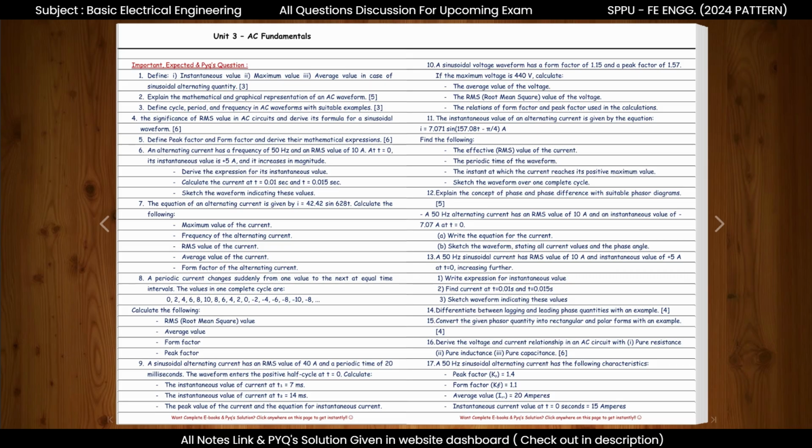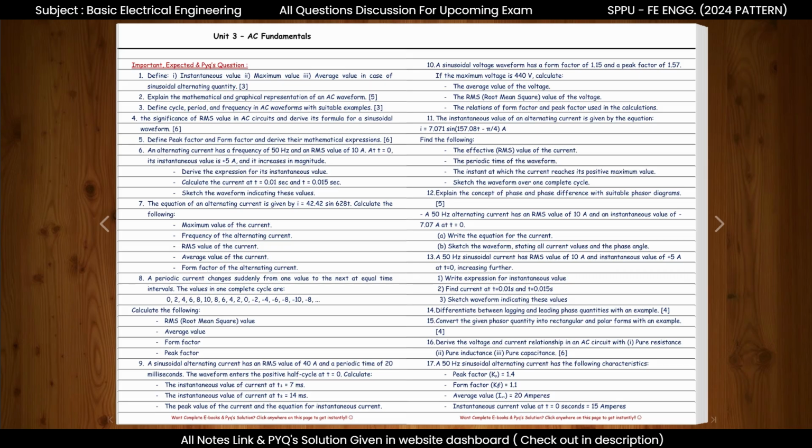Here, we know the equation is in the form I equals I max sin omega t. From the given constant, we find I max directly. Frequency can be found using omega equals 2 pi f. RMS value is I max divided by √2 and average value is 0.637 times I max for a sine wave. Alright, let's move on to our next important topic, periodic current calculation.